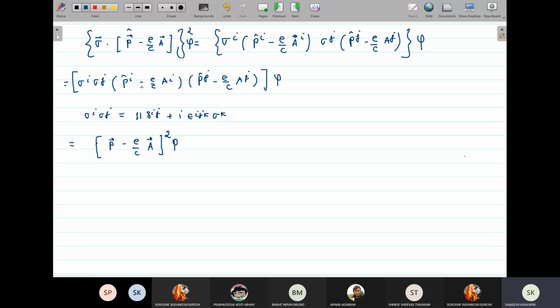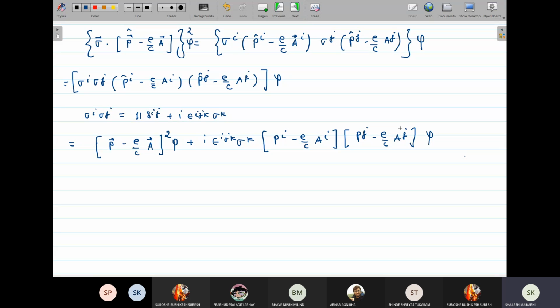Plus i epsilon_ijk sigma_k, then (p_i minus e by c A_i)(p_j minus e by c A_j) acting on phi.